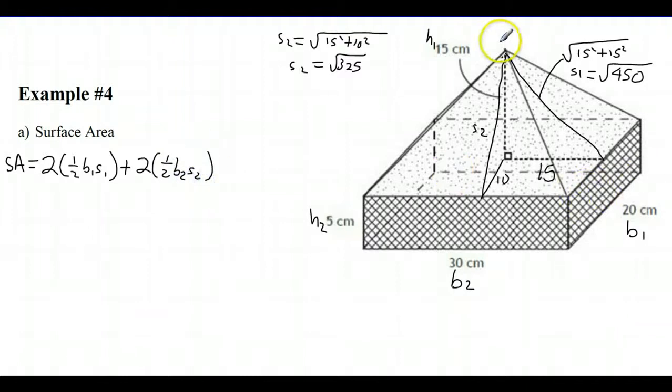This is B1 S1, the area of this triangle, which is also the same as that triangle, so there's two of them. B2 S2 is the area of this face, the front face, and also the back face, so there's two of them. Now we've got this face, so let's call that B2H2, and there's two of them.